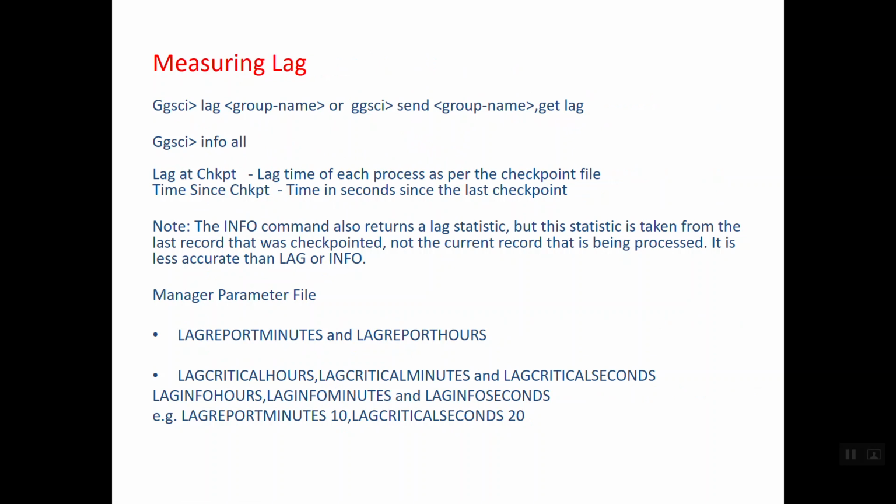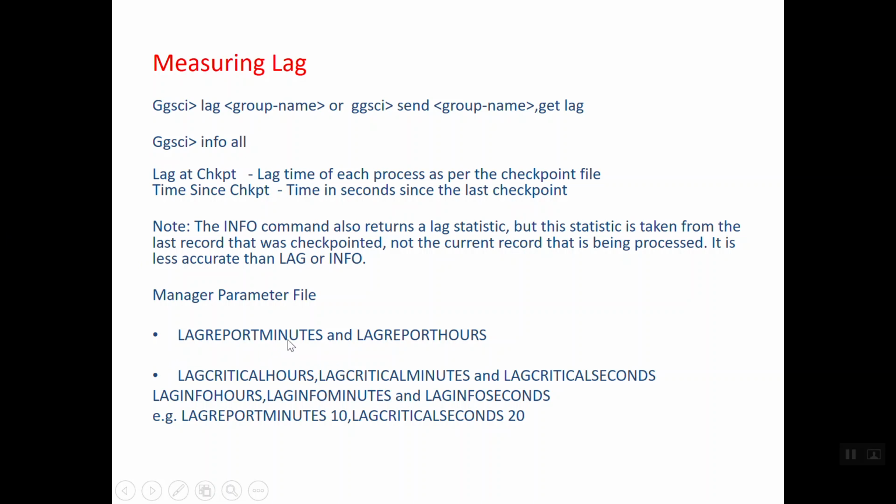Now if somebody wants to monitor the lag in the error log file, then there are different parameters we can add in the manager parameter file, where we can get the lag reports. If the lag is increasing for some time, I can get these messages in the ggs error.log file as well, using lag report minutes and lag report hours.